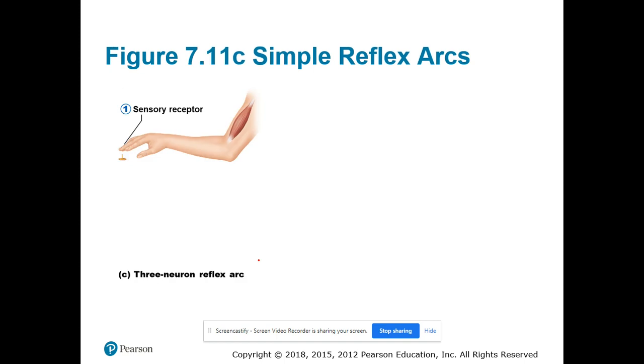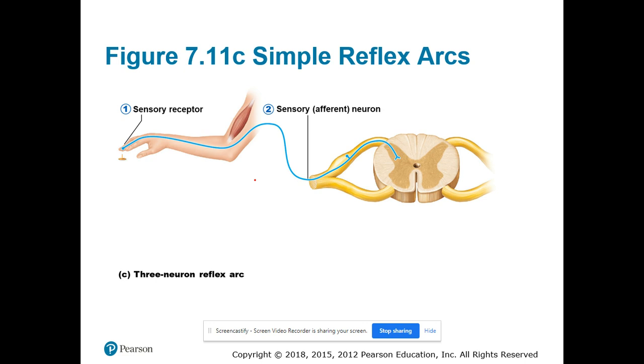So here is an example of a 3-neuron reflex arc. You touch a tack. You feel pain. It's going to send that you feel pain to your brain. Within your brain, it goes through your central nervous system and it has to jump to another neuron. So that's your second neuron.